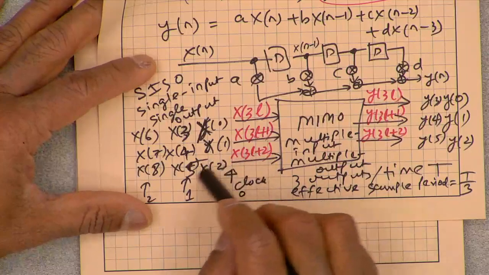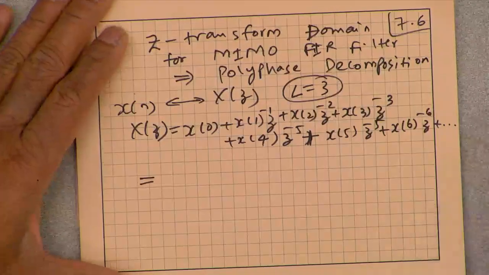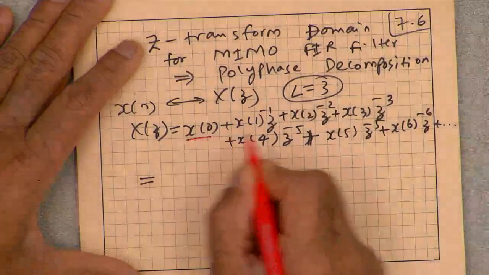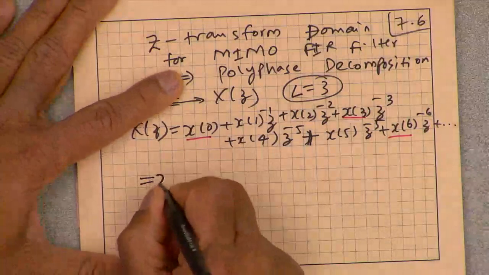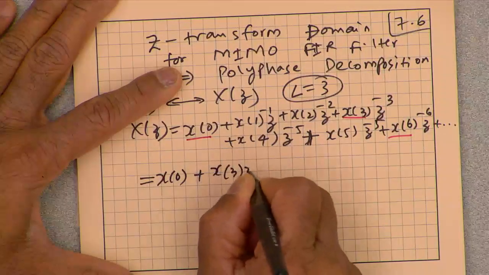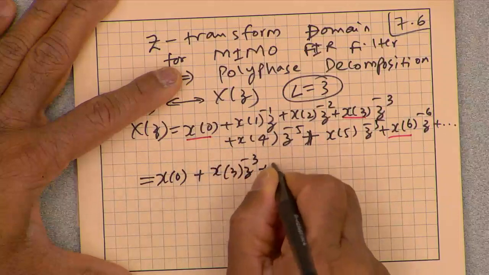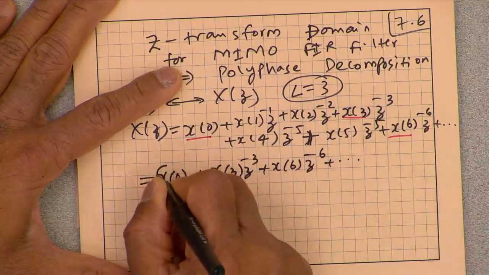Samples 3L plus 2, that is 2, 5, 8, 11, that's another polyphase. So group together samples 0, 3, 6. That's one polyphase: x0 plus x3 z to power minus 3 plus x6 z to power minus 6, etc.